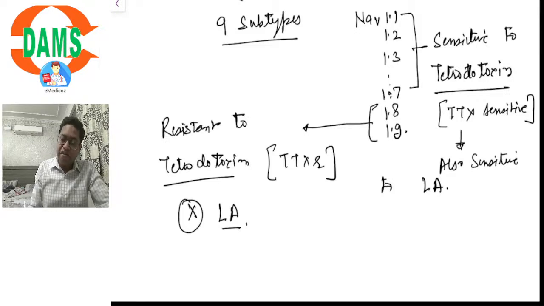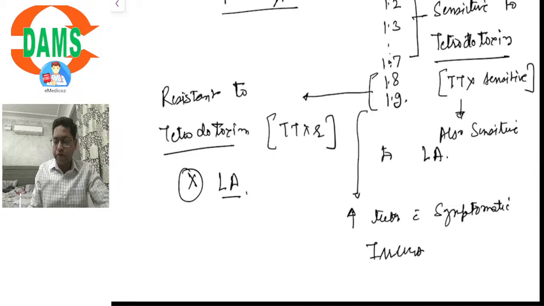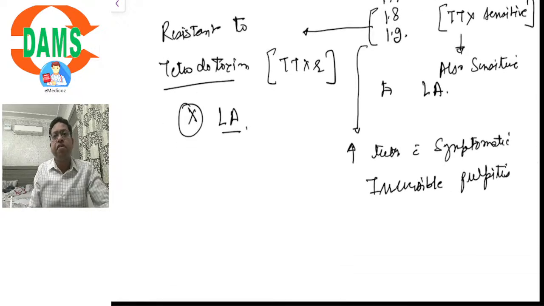And what actually happens is that these subtypes 8 and 9 are increased in number in teeth with symptomatic irreversible pulpitis. What is symptomatic irreversible pulpitis?